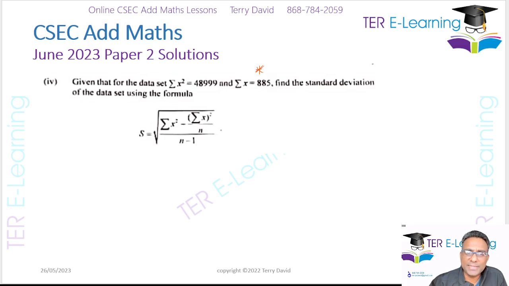They want me to find the standard deviation using this formula. But here's the funny part: this question is worth 4 marks, and all I need to do is plug into the formula.